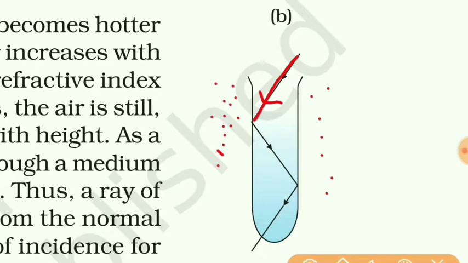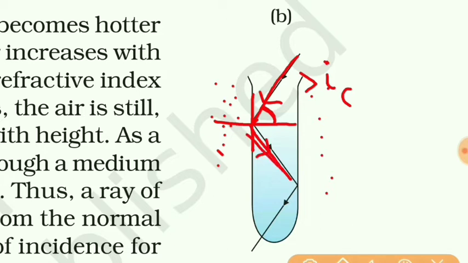So what happens, as at the line separating the two mediums, the angle made by the incident ray is greater than the critical angle, and so this ray will not move into the air, it will not emerge out, which means refraction will not take place. What will happen is this ray will be reflected in the same medium.